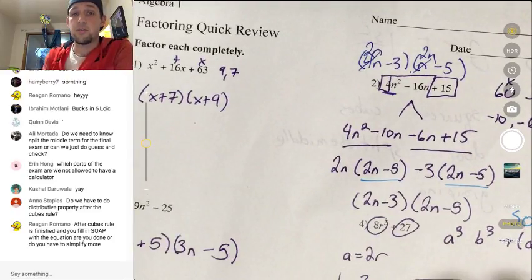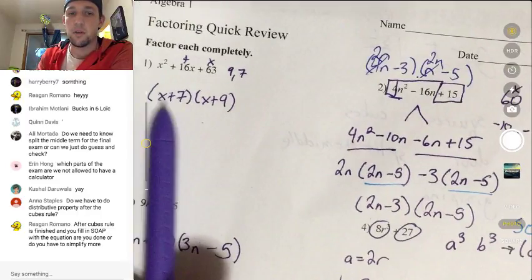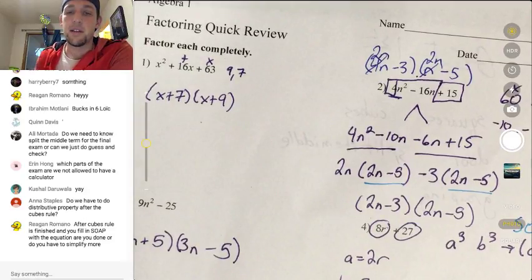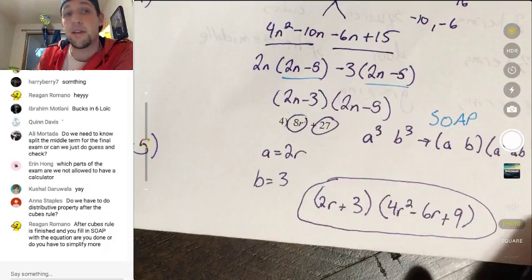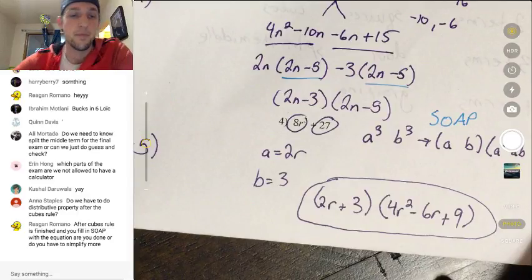If you multiplied these back out, in this first one you would get x squared plus 16 plus 63. Same thing for the cubes rule one. These all look like awesome distributive property problems, and they are, but no, you shouldn't do distributive property because you're just going to get back to the original problem. You're basically undoing the distributive property. So that's a good question.